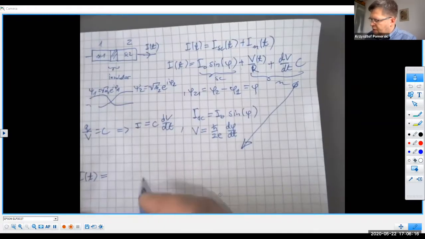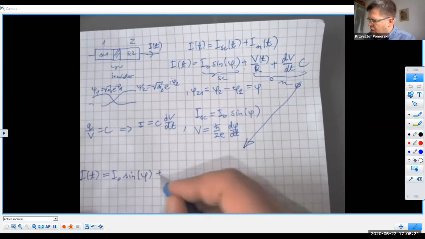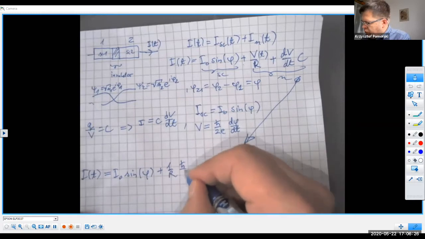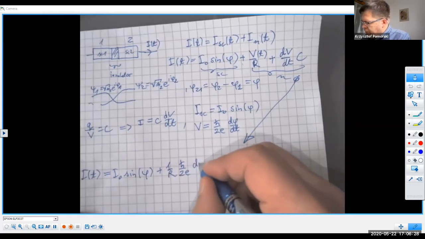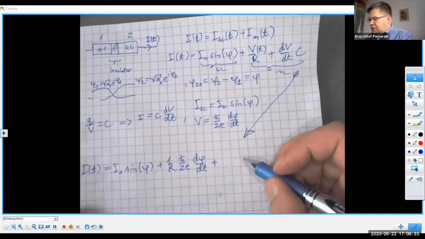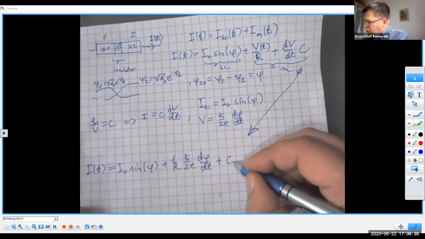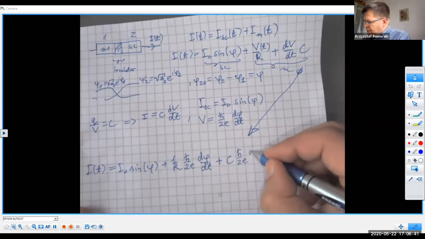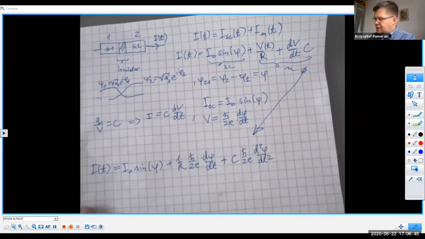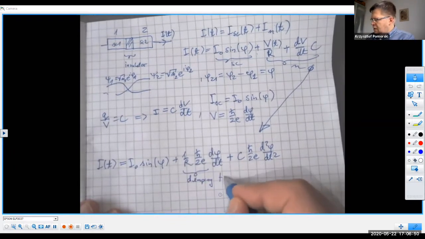Basically, we obtain the following equation, which was also obtained last time. The total current can be written in terms of the phase difference across the Josephson junction. This equation has the structure of an anharmonic oscillator with damping.